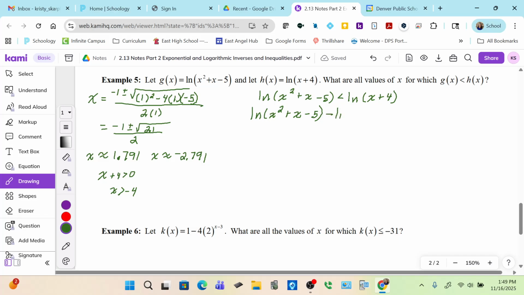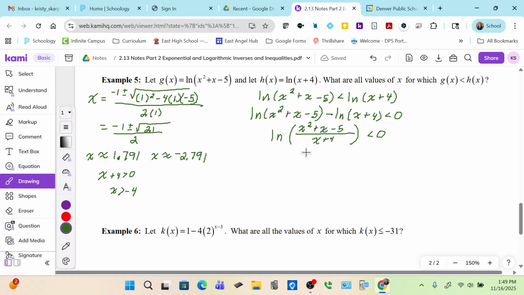So minus natural log of x plus 4 is going to leave us with less than 0. Using my properties, I can write this as a quotient, so natural log of x squared plus x minus 5 over x plus 4 is going to be less than 0.